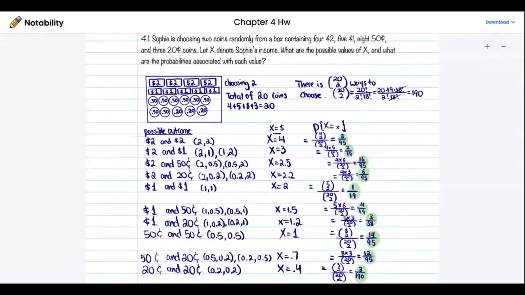Will that make any difference in the probability? No, because they're the same. We don't care which one is which, whether the first one is 50 cents or the first one is 20 cents.